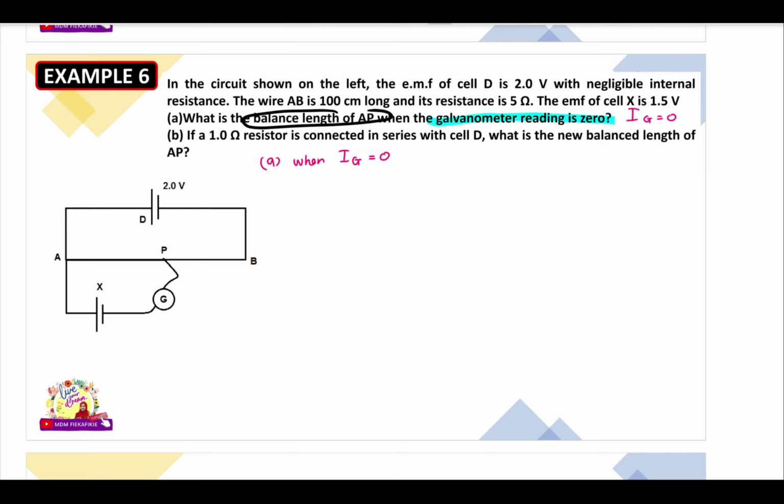Di mana pada keadaan no current flow through the galvanometer, voltage AP akan sama dengan voltage Vx, iaitu soalan dah bagi tadi kan, 1.5 volt. So, kita boleh tulis siap-siap lah. When IG is equal to 0, VAP akan sama dengan Vx, akan sama dengan 1.5 volt. Okay, ini konsep dia.